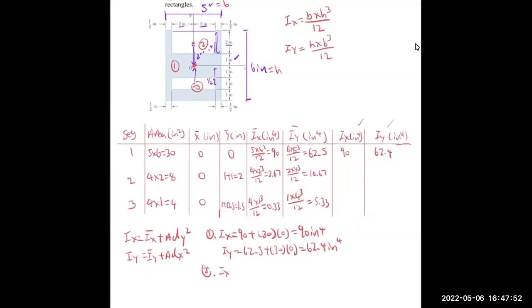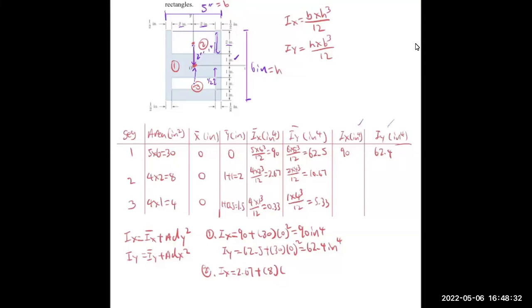And then for segment 2, Ix will be equal to 2.67 plus the area A, and then multiplied by dy, and you have to square that. In this example, dy is equal to y bar, because of how this thing is oriented. But if you were to shift this x and y axis to the left or to the right, it will change.